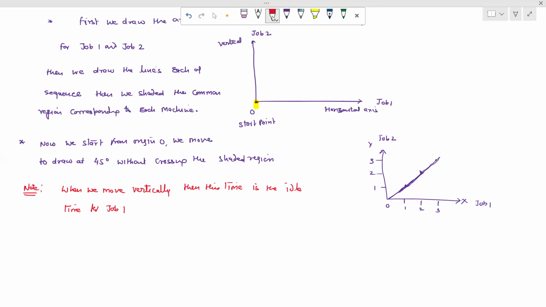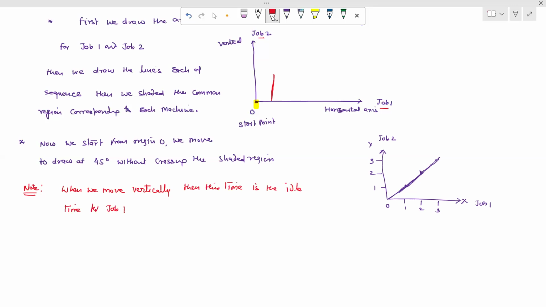These are the two axes: this is job 1, this is job 2. When we are moving vertically, parallel to the job 2 axis, we are not using job 1, so job 1 is idle and not working. But when we are moving at 45 degrees, both jobs are in progress.